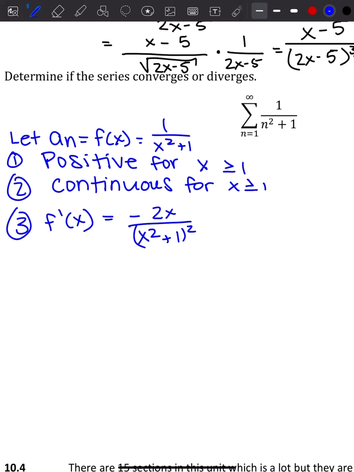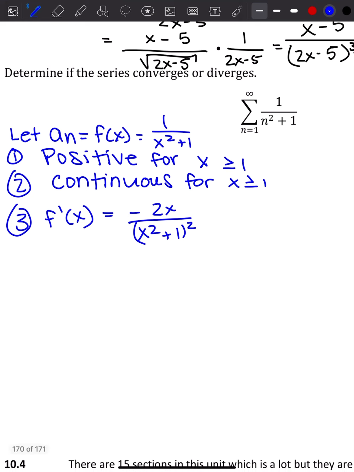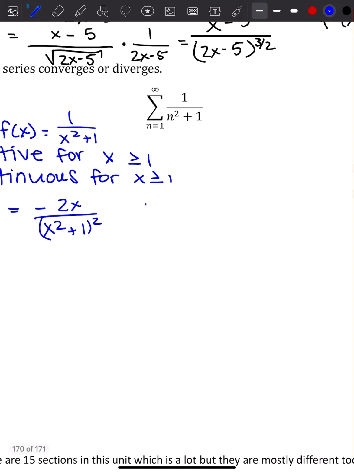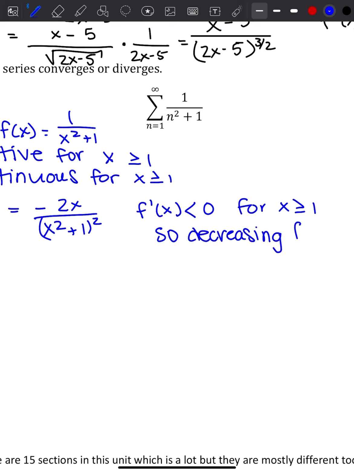We're only plugging in positive x values, so because we have a negative 2x on the top and the denominator is always going to be positive, we are always going to be less than 0, so f prime of x is less than 0 for x greater than or equal to 1, so decreasing. For x greater than or equal to 1.